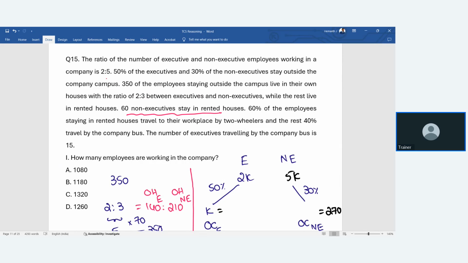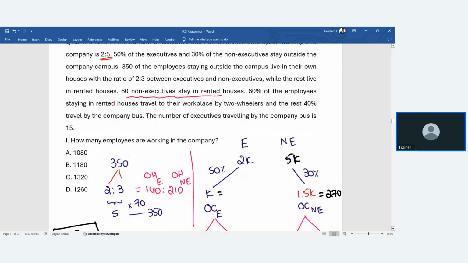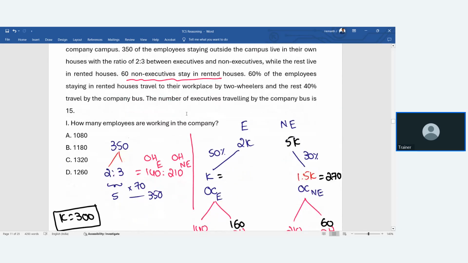Because initially the company ratio is 2:5. The 2:3 is for the 350 employees. So here it will be 1.5K, and 1.5K is 270. 3K will be 540, K will be 180.